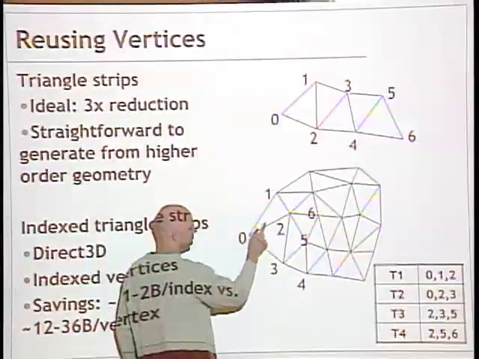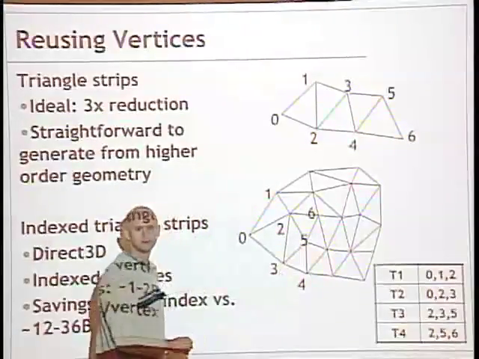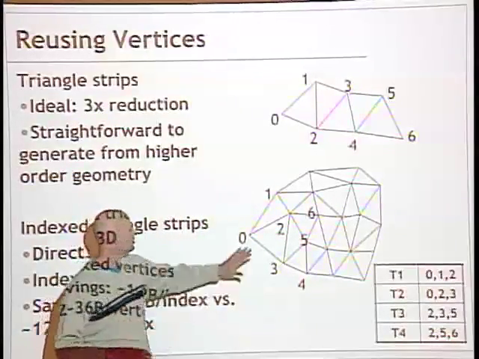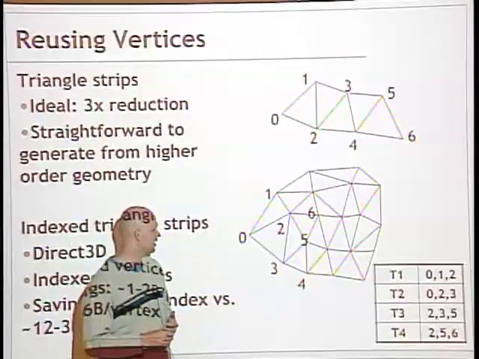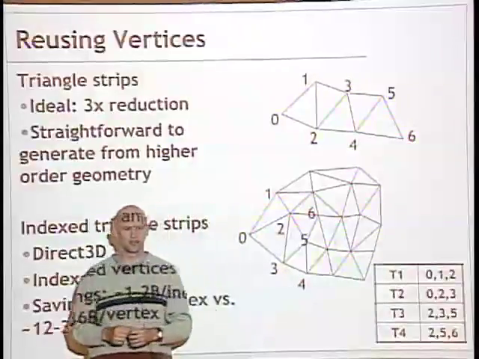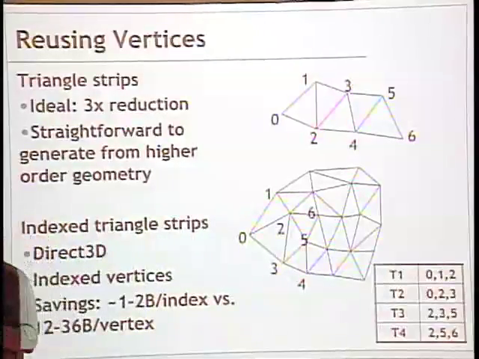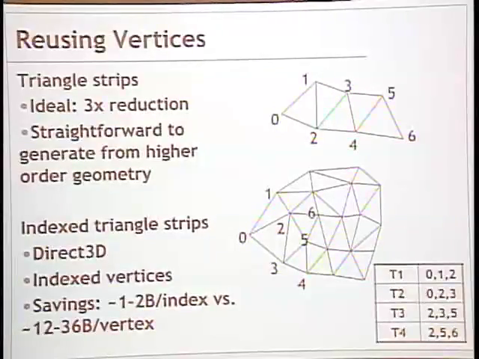Triangle 2 is 0, 2, 3. Triangle 3 is 2, 3, 5, and so on. This is good because you have more flexibility than you do here. You can better do complicated strips and so on. And this takes very little space. So you're going to get a win from being able to do that. More flexibility, but you have to send a little bit of connectivity information to make that work.